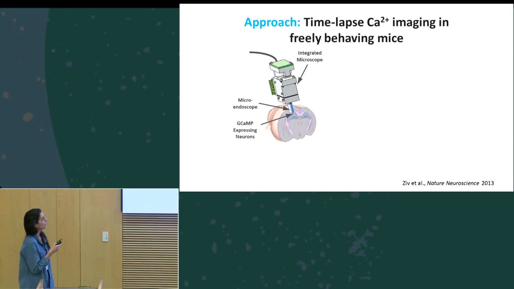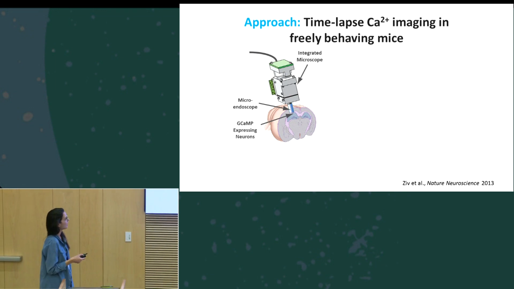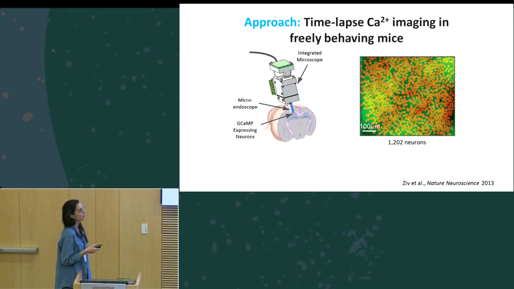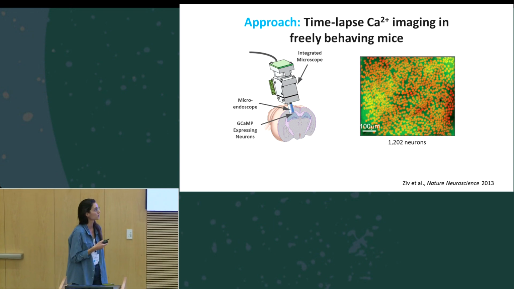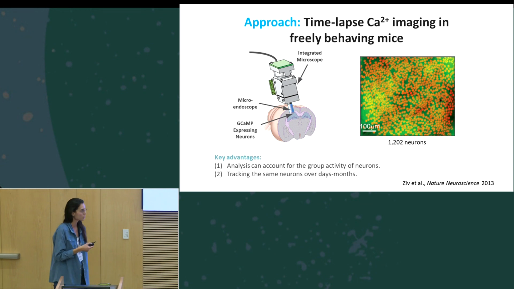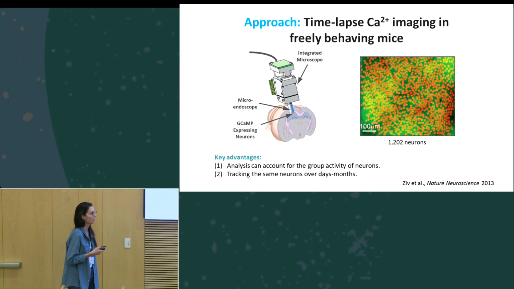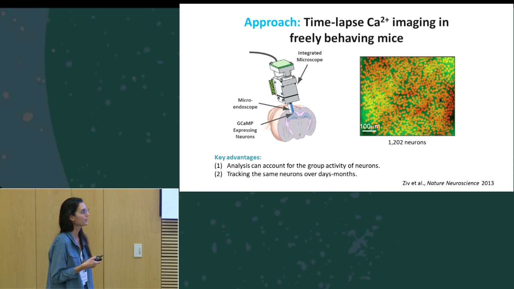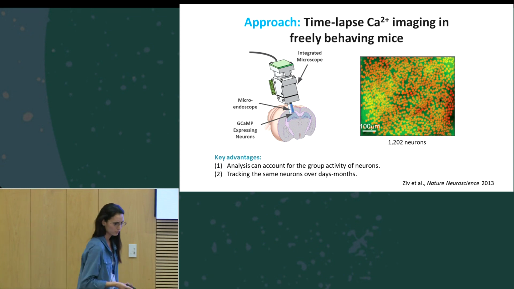This is the tool we're using at the Ziv Lab. You can see here an example from 1,200 neurons that were recorded using this microscope. Each dot here is a different neuron. With this approach, we can account for a large group of neurons, but also track the same neurons over days and even months.